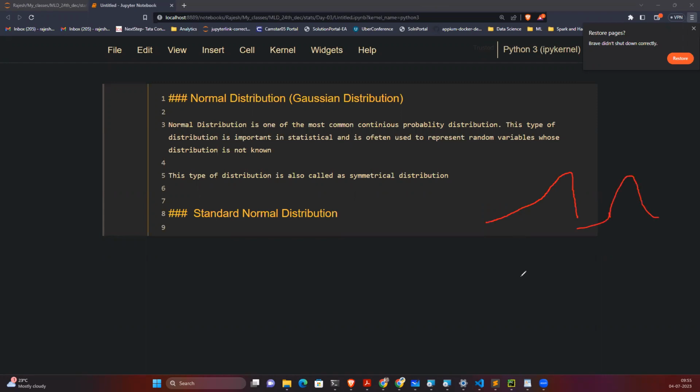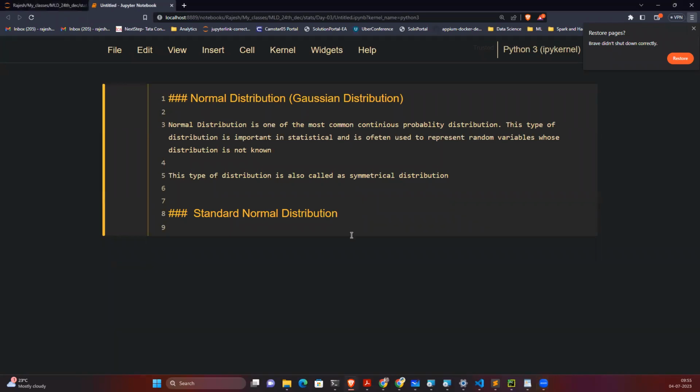If your data is right skewed, how can you make it symmetrical? That was the question I asked. Now we understood the question, what is the solution? The solution is very simple, which is called the standard normal distribution.